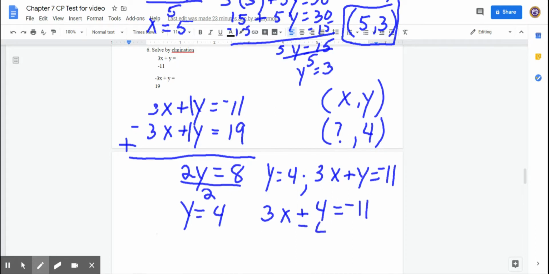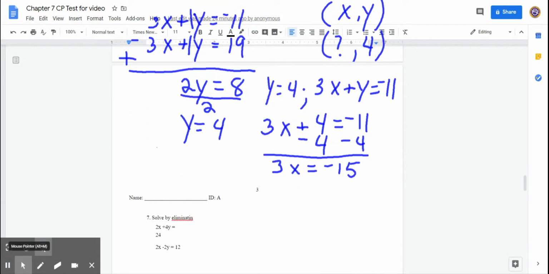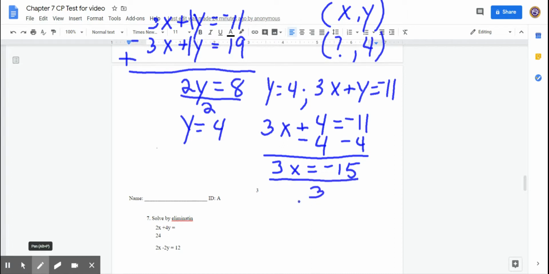Solve for x. Subtract 4 from both sides, and we get 3x equals negative 15. Now what do we have to do? Now we have to divide by 3, and x equals negative 5.